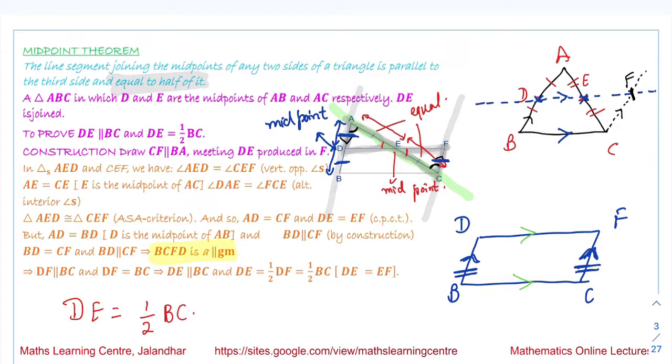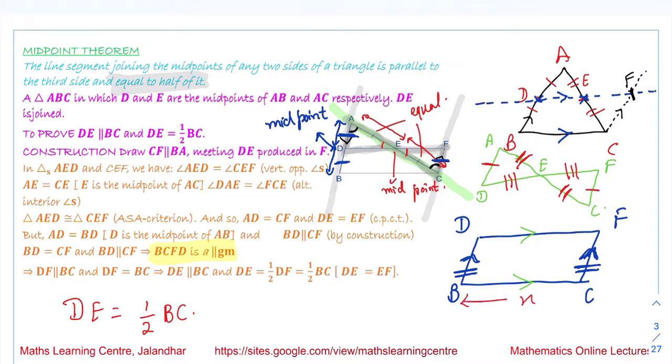We have already proved that these two triangles, ADE and FCE, are congruent to each other. So we have this side AD equal to FC, which we have already seen. The next thing we have is that AE is equal to EC. And the third thing is that DE is equal to EF.